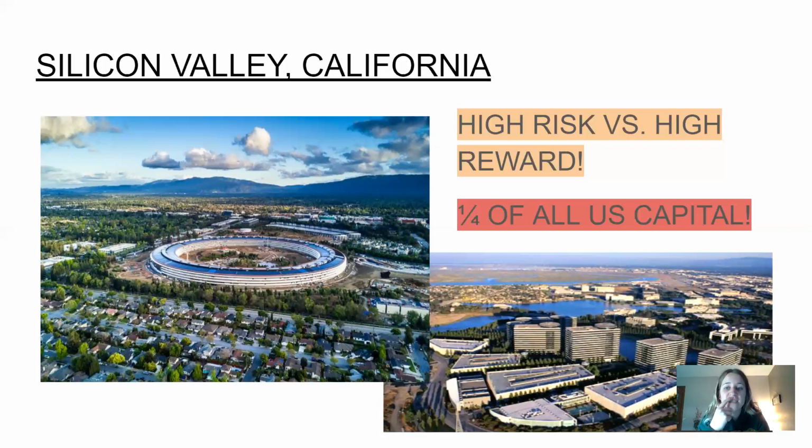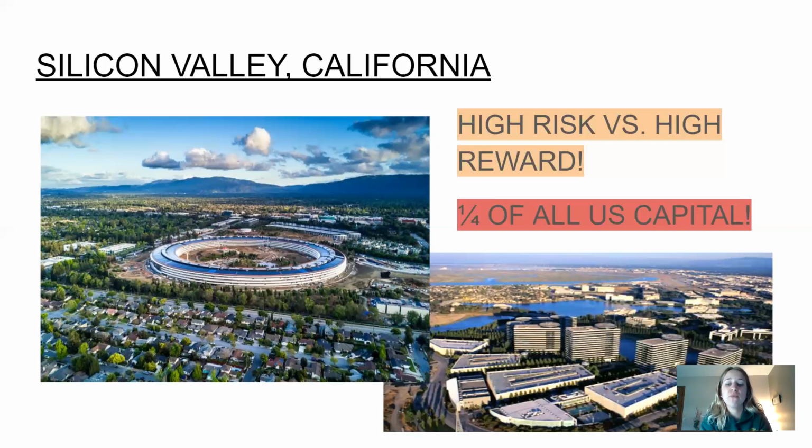So that's high risk. So you can either play the high risk or you can play the high reward, which is 1/4 of all capital in the United States is currently spent on new industries in Silicon Valley. So if that high-tech industry does succeed and you invested in it or you loaned money, the chances of you making money off that are very, very high if it succeeds.